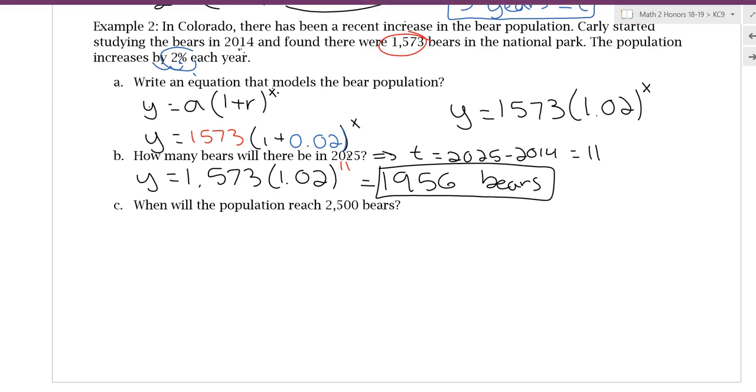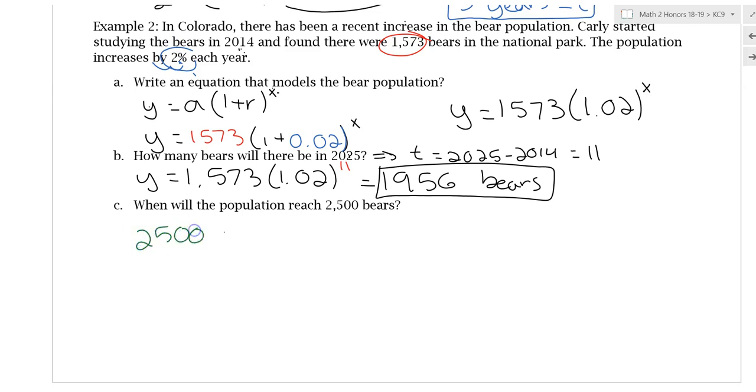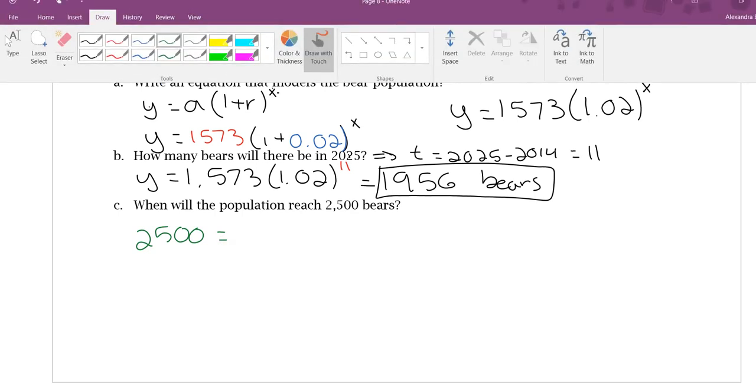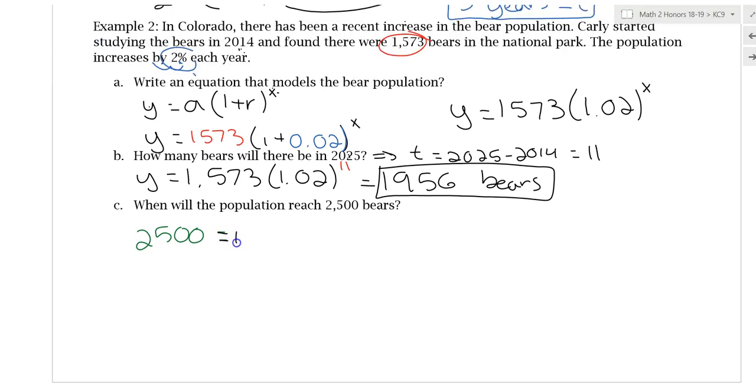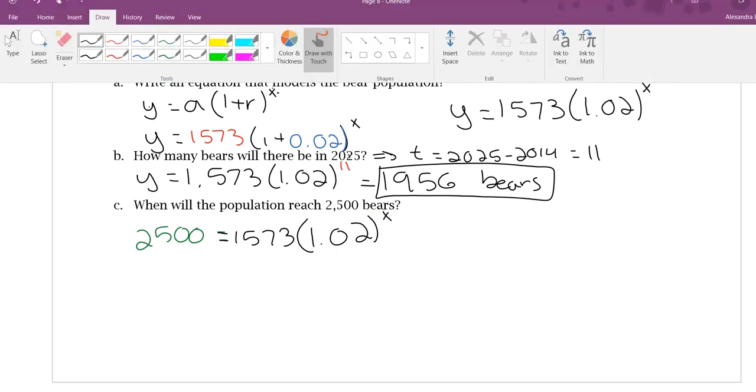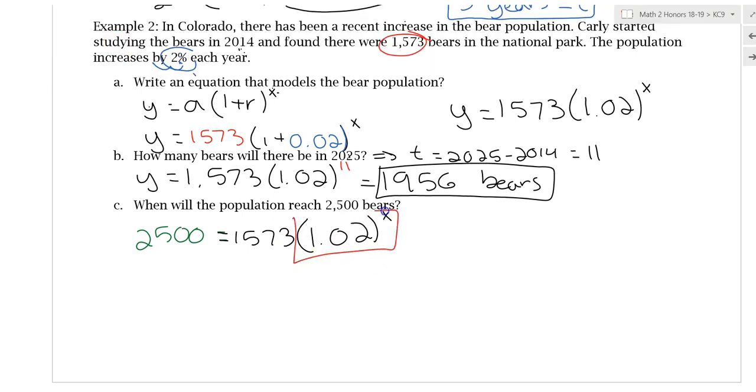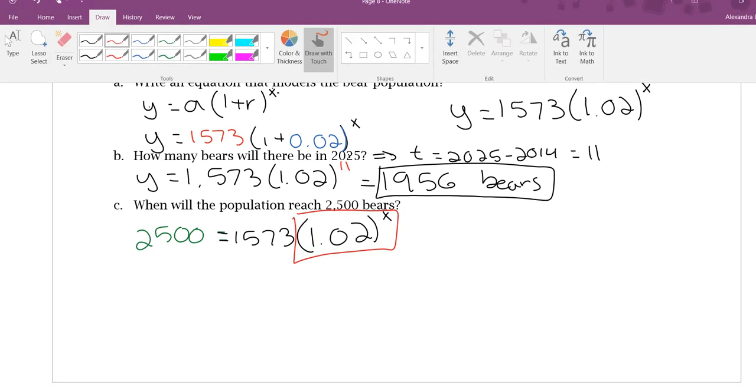When will the population reach 2,500 bears? Now we know the amount, so now we know our y. Solving for x, and this is what's being raised to the base, so we want to get that by itself first.